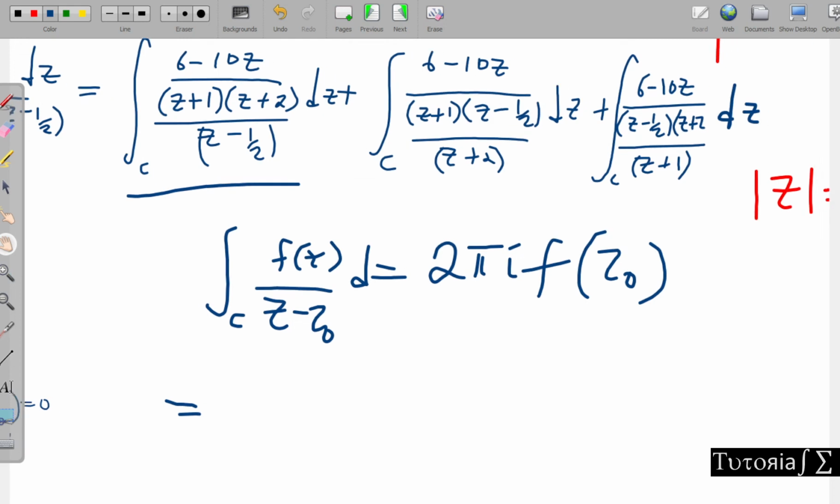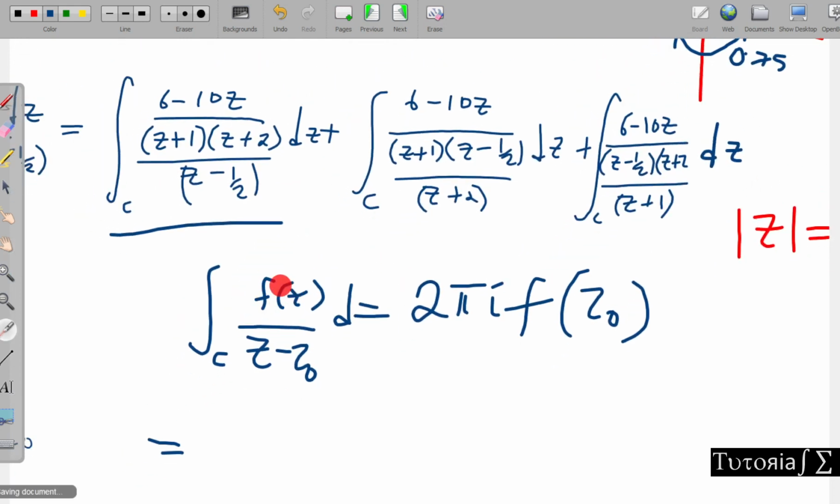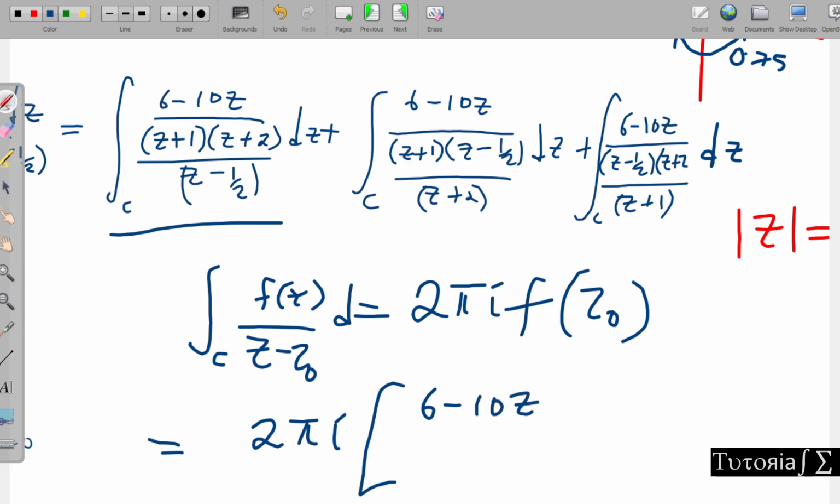According to this formula, the top part is your f of z. So you say 2 pi I, then you write your f of z, which is the top part here, 6 minus 10 z all over z plus 1 times z plus 2.